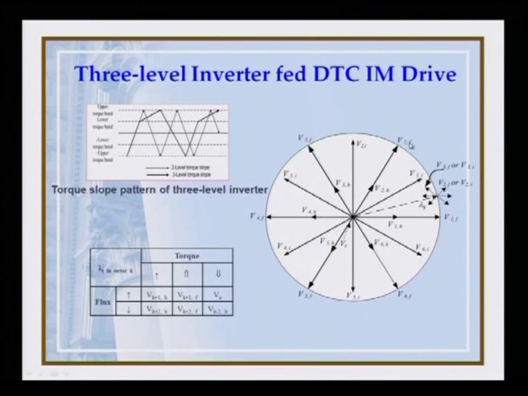Similarly, we have V2f the full vector and V2h is the half vector, and V3f and V3h, and V4f and V4h. Similarly, we have V5f and V5h, and V6f and V6h. So, we have 6 different main vectors and half vectors, and in between we have intermediate voltage vectors.